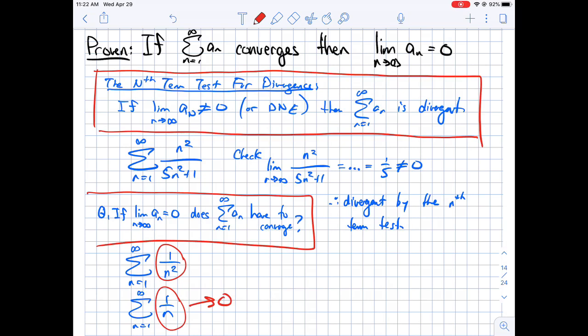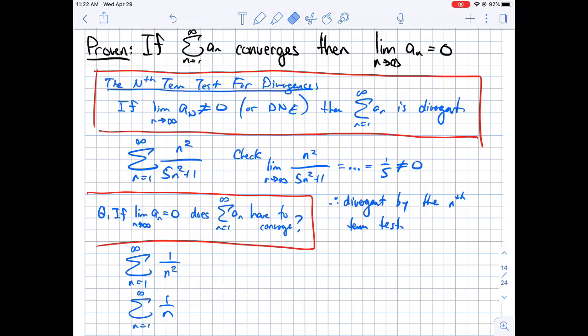In this case, we're looking at the same thing. It comes down to how quickly these terms go to 0. Do they go to 0 fast enough to ensure convergence? Or are they going to 0 slowly enough that this sum continues to grow without bound, causing it to be divergent? That's very much the idea here.